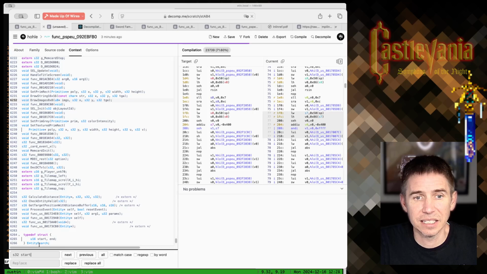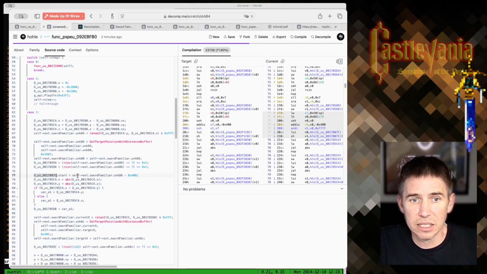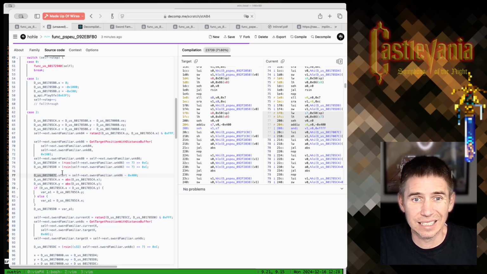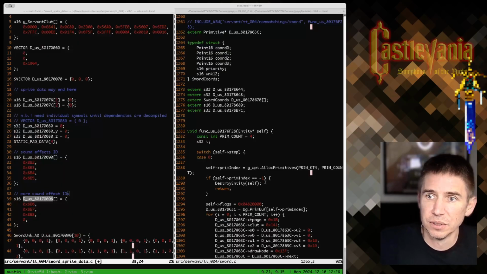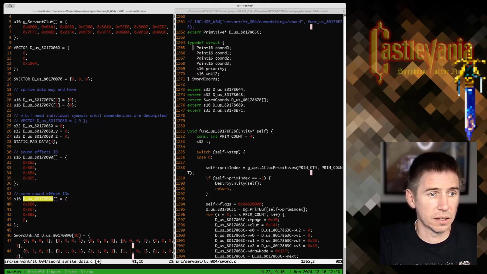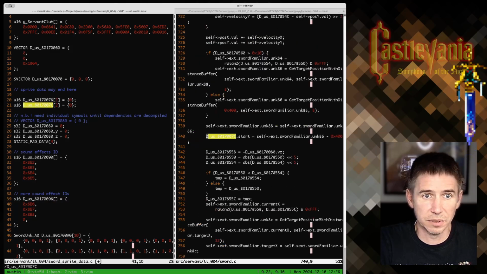It's a sign 16. So possibly that this 07C is not the type that we expected it to be. Let me go over to see where else this is being used.